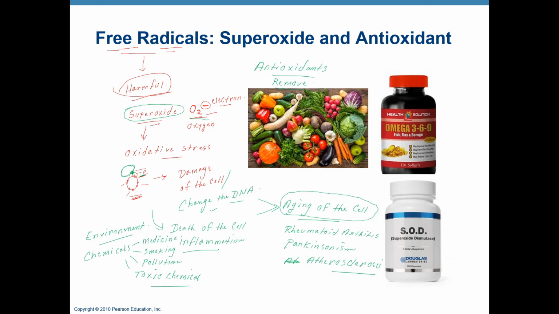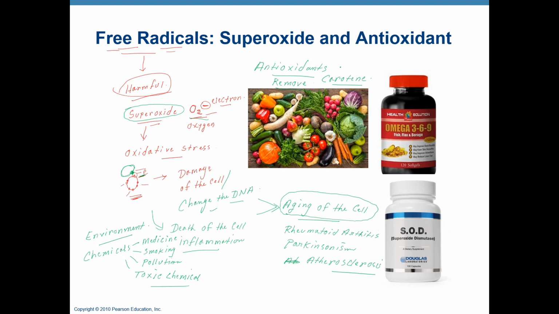So antioxidants are present in a good amount in certain fruits and vegetables that have a lot of carotene. For example, the colorful fruits and vegetables have a lot of carotene to remove the superoxides from your body and will keep the cells healthy.